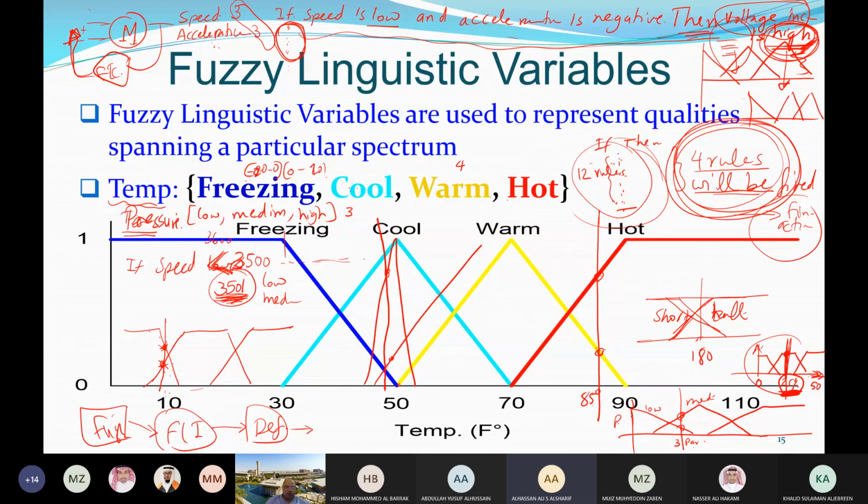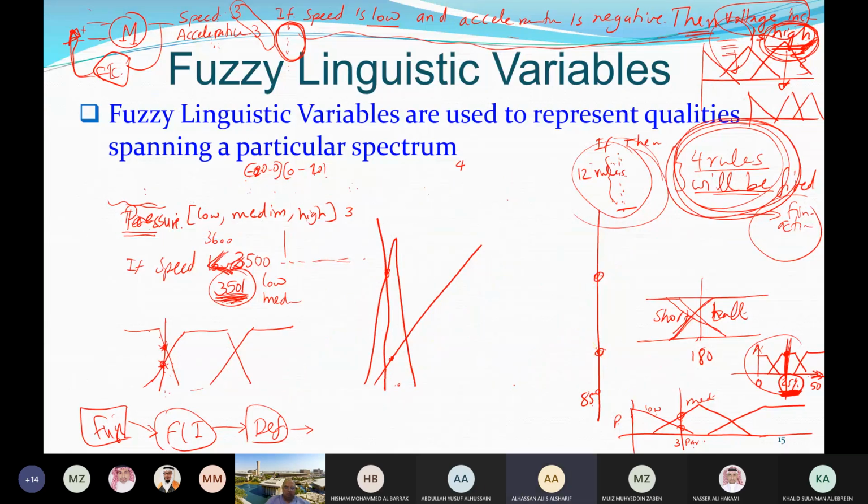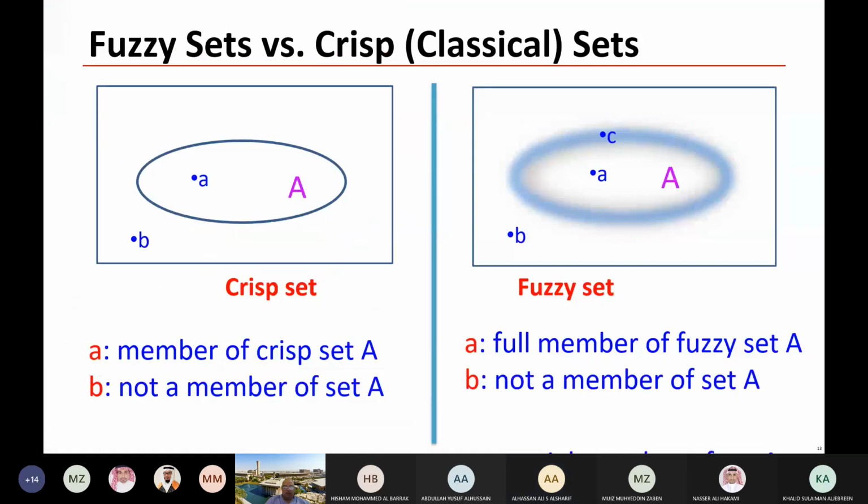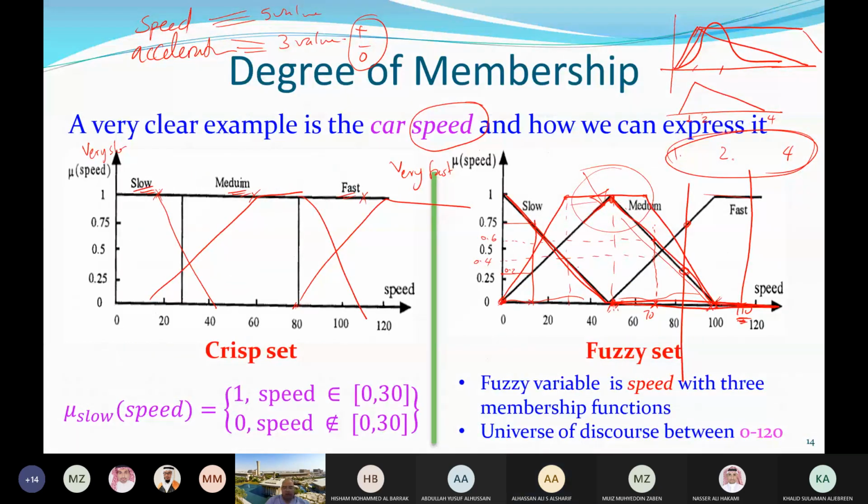For example, sometimes we have the crisp controller, which is when it reaches 90, it trips immediately. For example, if I wanted to monitor it just for maintenance purposes, I want to see it does not trip. Like the fuzzy logic does not trip it at least for 10 minutes. Okay, you can have such.